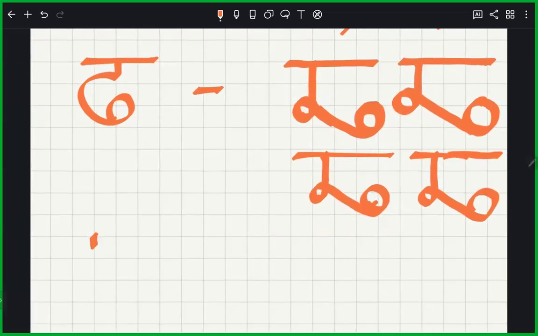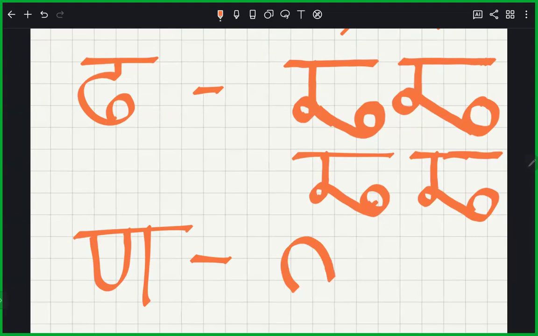Then the next one is Na. Now what we do here is one, two, and then keep it halfway through. This doesn't go down, this just remains halfway.